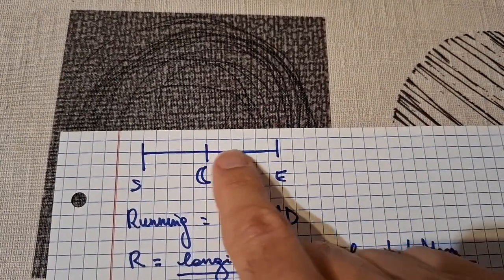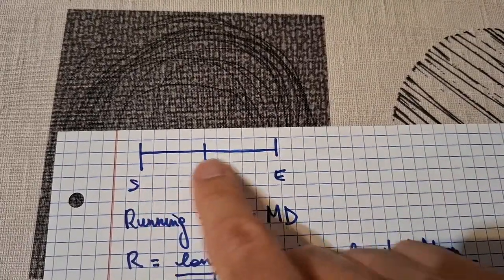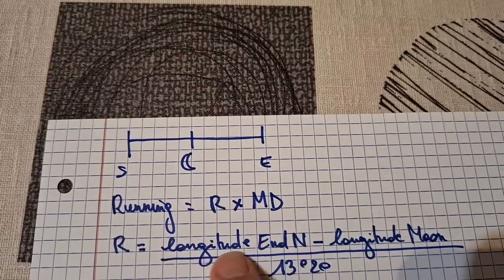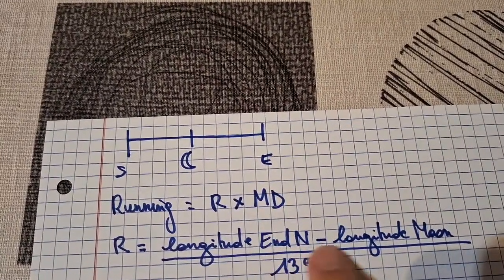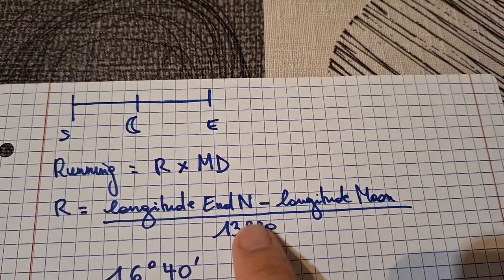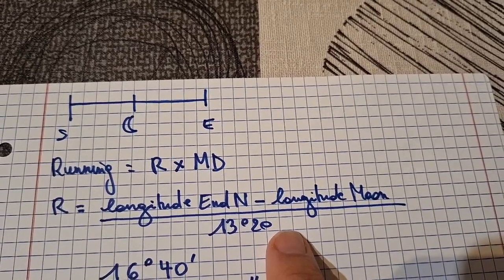So the balance of the moon in its nakshatra over the entire nakshatra length. So we take the longitude of the end of the nakshatra minus the longitude of the moon, divided by the entire nakshatra, which is 13 degrees 20 minutes.